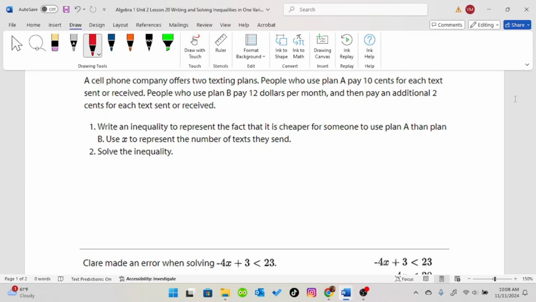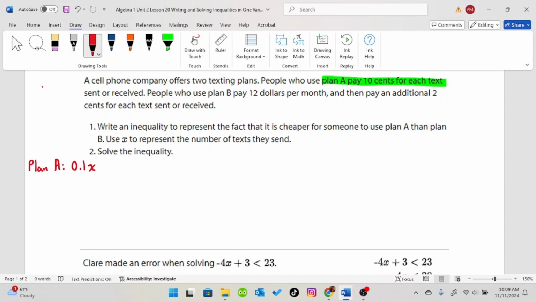So, if we are looking at plan A, they paid 10 cents for each text. So if I were to write that, 10 cents is 0.1, and we will use X to represent the number of texts.